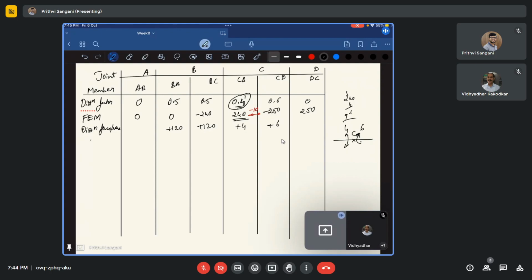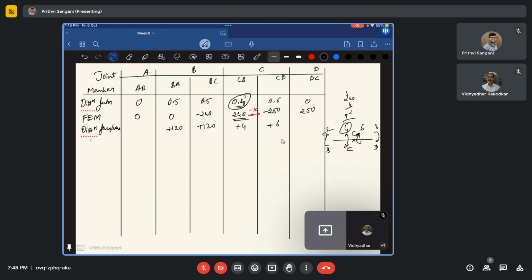So 6 we have in CD, and 4 is in CB. Because of this 4, you'll have a carryover factor of 2 in BC, and because of the 6, you'll have a carryover moment of how much? 3. It's half, right?